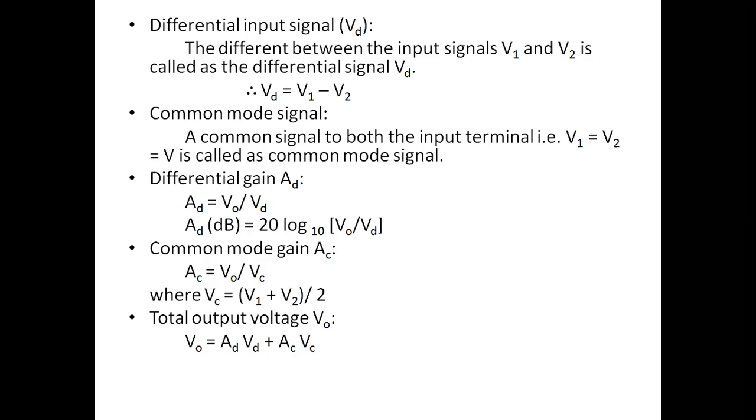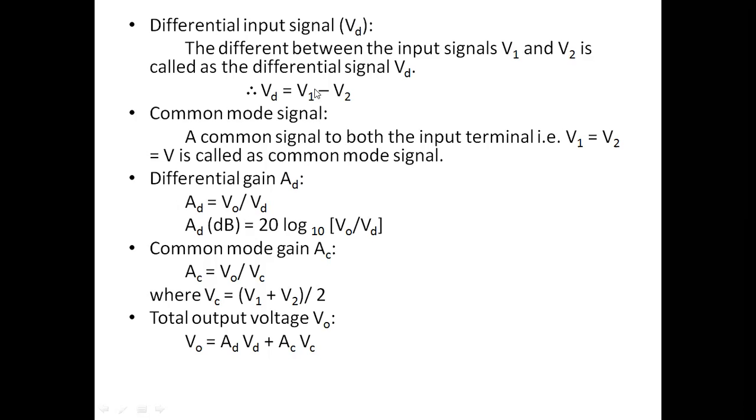If we are taking two input signals and using the amplifier to amplify the difference between the two input signals, then the differential gain is nothing but the ratio of output voltage with respect to the difference between the input voltages. So you will get AD, D for differential gain, equal to output voltage upon V1 minus V2, or you can take VD.